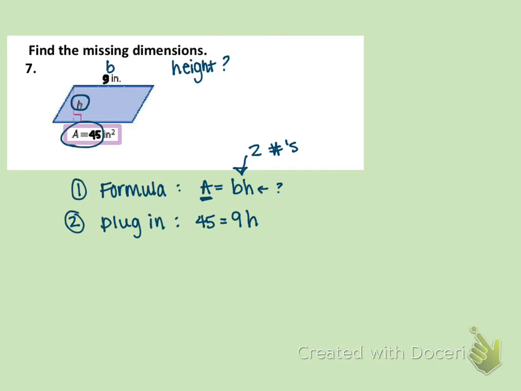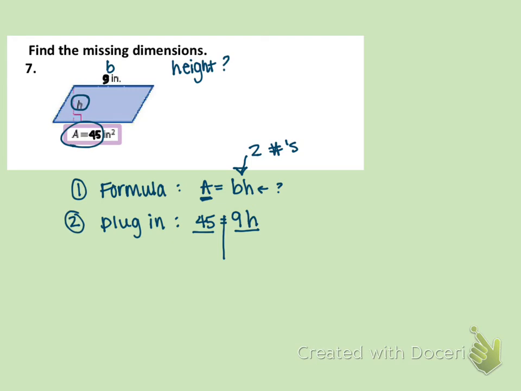So in this case, I need to do the inverse operation. What does 9H mean? That is multiplication. So what is the inverse operation to multiplication? That is to divide. So let's write our division signs on both sides of the equal sign. What are we dividing by?